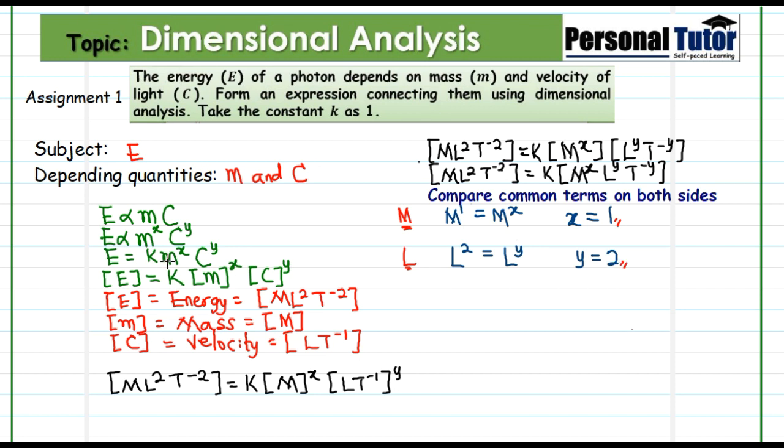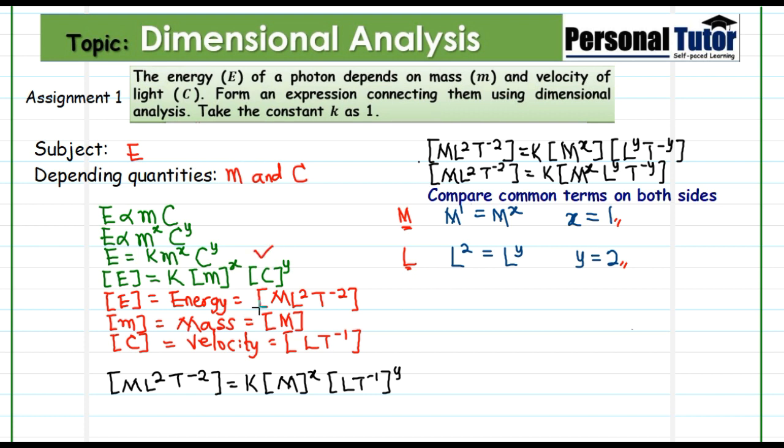Remember, we are looking for s and y. So just by comparing the common terms of m and l gives the answers we want. You could go ahead with the t, but since you have s and y, that is what we need. Let's then substitute this into the equation to form an expression that connects the various terms.